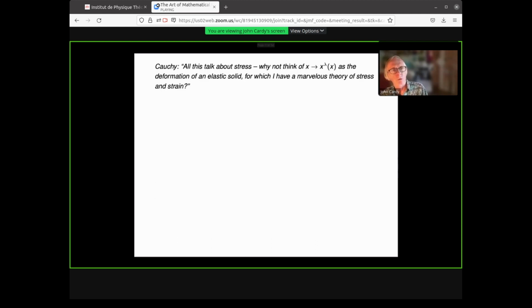So Cauchy speaks first, and he said, all this talk about stress, why not think of this change of coordinates as the deformation of an elastic solid, for which I have a marvelous theory of stress and strain. And I say, well, yes, Monsieur Cauchy, but this strange T-Tbar solid has an infinite Poisson's ratio.